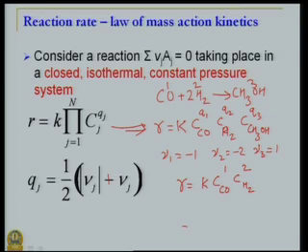Let me repeat that. In law of mass action kinetics, the orders are the same as the stoichiometric coefficients, the corresponding nu j's, and for a product it is 0.